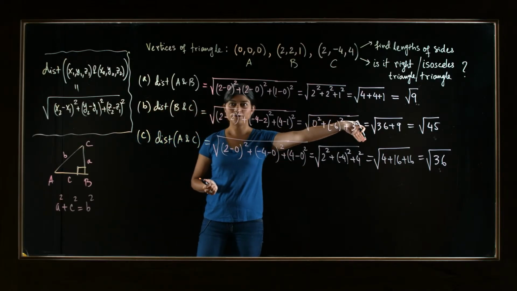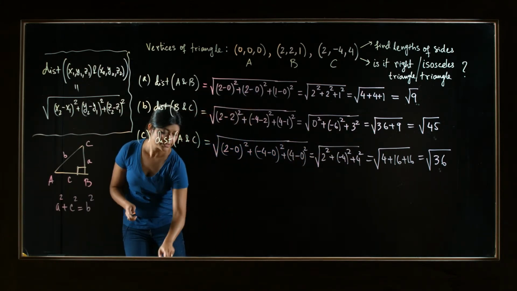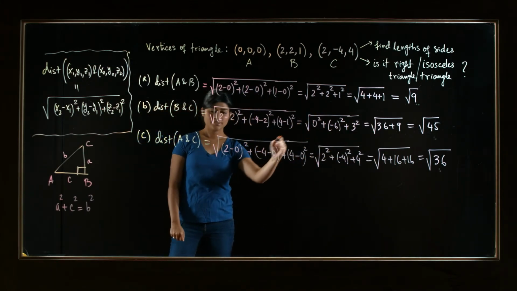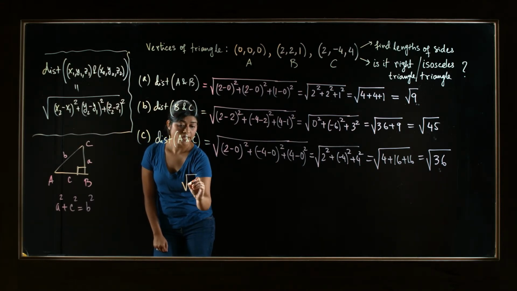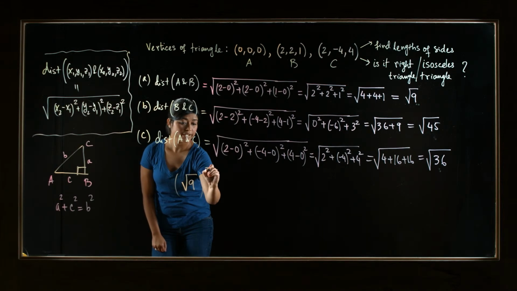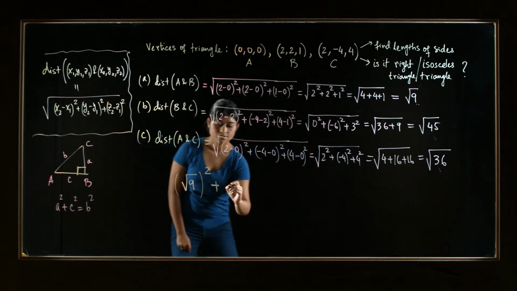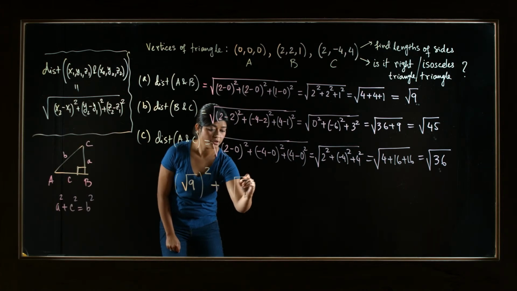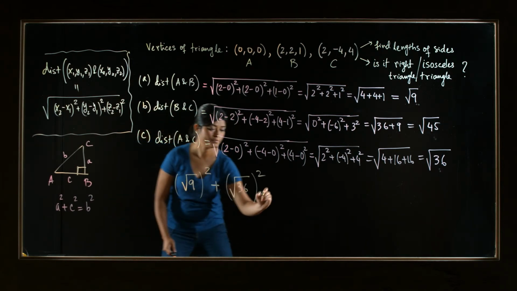So look at our numbers that we got, the lengths of the three sides. And notice that if we take the square root of 9, square that, and add with it the square of square root of 36, then what will we get?